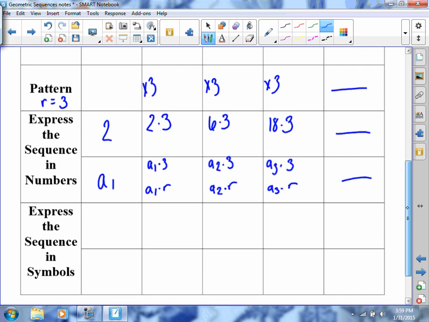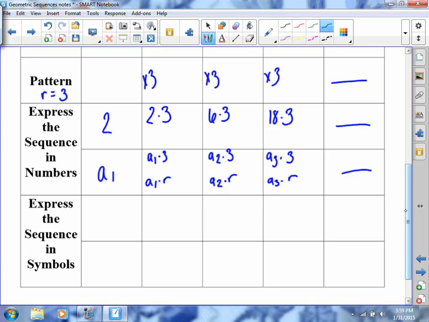But before I move on, I want you to notice that my A1 that I'm multiplying by 3 really gets me my second term. And then when I take A2 times 3, that really gets me my third term.